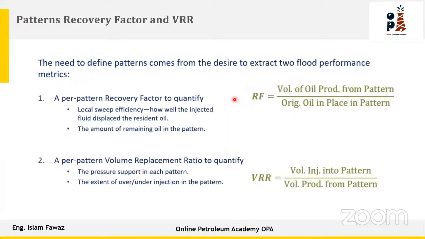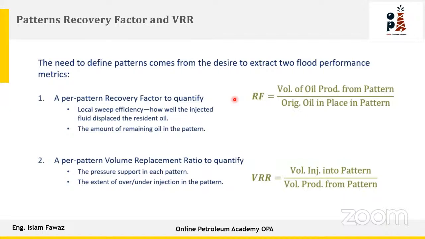Okay. So as I said, when you are dealing with any kind of pattern or any kind of polygon, we have two metrics. One is the recovery factor, which is the volume of oil produced divided by the original oil in place in the pattern. This defines the sweep efficiency, how much oil you have swept from this reservoir, and this is reflected in the recovery factor.